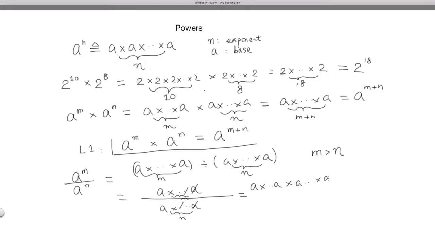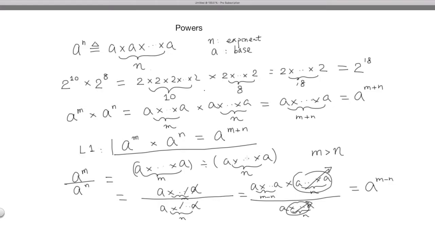If I write this separately, this is n a's, and this is m minus n a's, because in total there are m a's, and this is a times a, n such a's. All those will get canceled from the numerator and denominator at the same time. So that equals a times a, m minus n a's multiplied together. This equals a to the power m minus n.